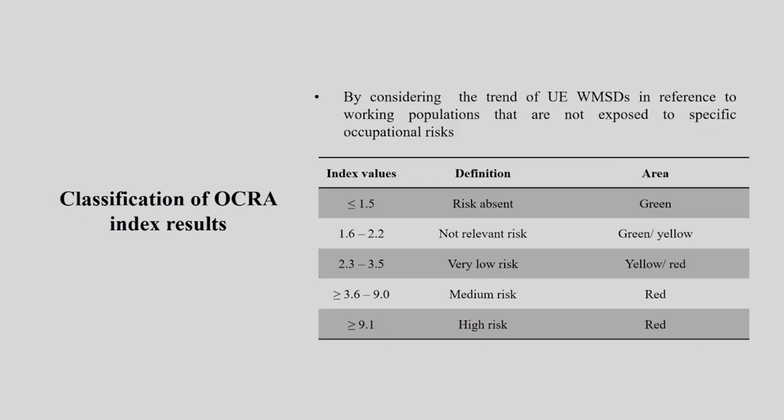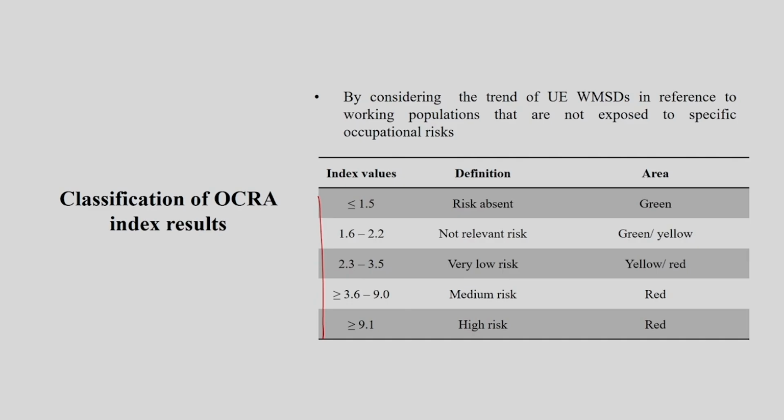So, classification. What does it say? It has a classification of this OCRA index value by considering the trend of upper extremity work-related musculoskeletal disorders in reference to the working population that is not exposed to specific occupational risk. This calculation has been done.